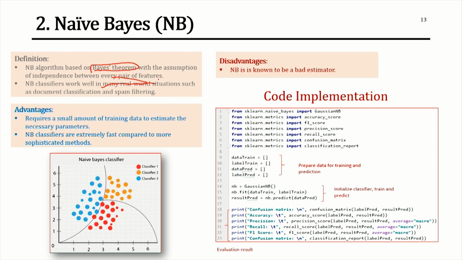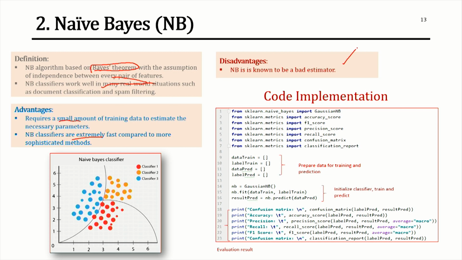And what is the advantage of using a Bayes classifier? It only requires a small amount of training data in order to estimate the necessary parameters. And the classifier is extremely fast compared to more sophisticated methods. So what does it mean? Compared to the other methods, it gives you a faster performance.